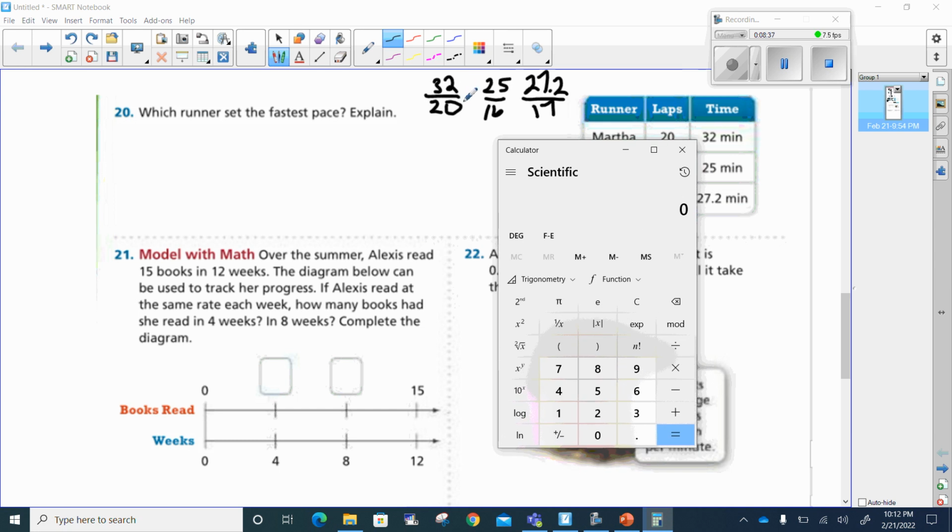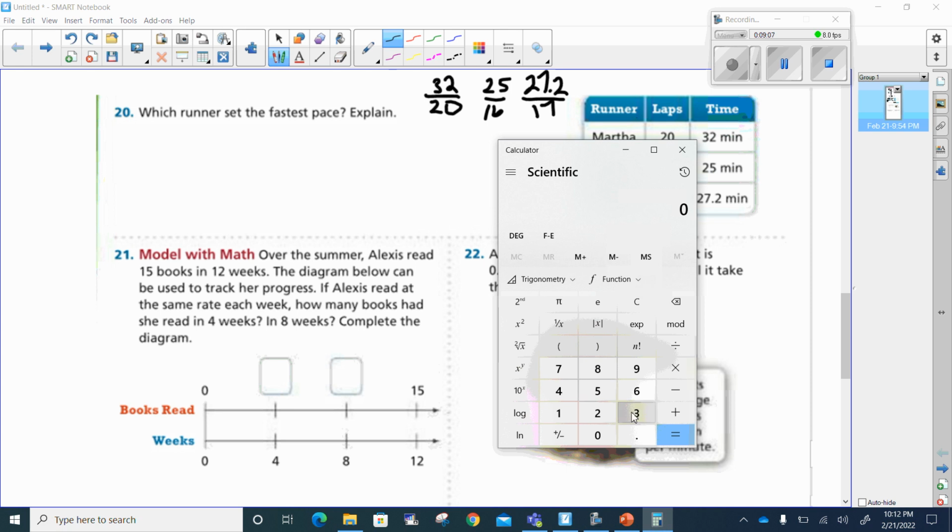First one is 32 divided by 20. It's easy to see it's going to be probably 1.6, but we'll go ahead and check it out. 32 divided by 20, and let's try that again. For some reason, I got 32 divided by 33 there.